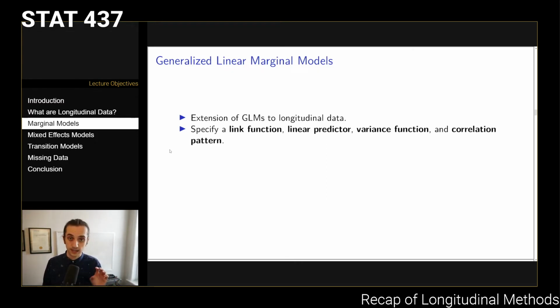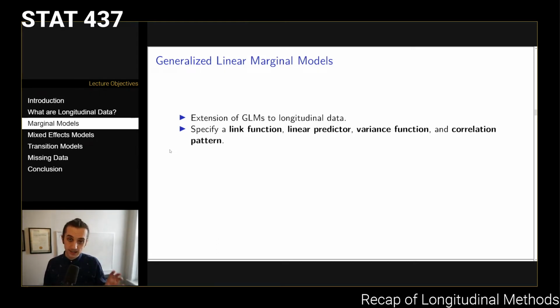So we specify a link function, a variance function, and a correlation pattern, and that's all we need to do, right? So this is sort of non-parametric in the way that we're not talking about specific distributions, but oftentimes we're going to be informing these models from specific distributions, right? So if we have count data, for instance, we don't explicitly say that it has to be some sort of Poisson distribution, but we say in the univariate case, we would normally assume that this is going to be Poisson.